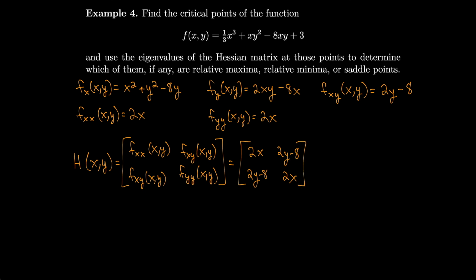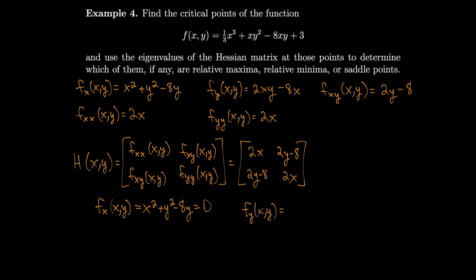So now we can find critical points by setting the first partials equal to 0. So let's do that. fx is x squared plus y squared minus 8y from over here, and we set that equal to 0, and we just have to look at where our other partial derivative is 0.